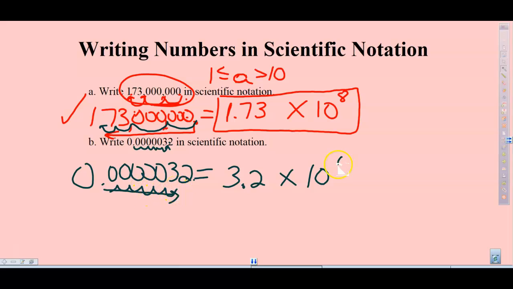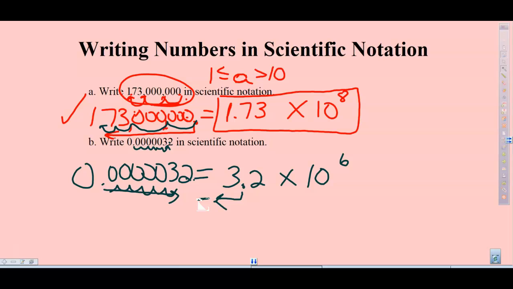So it's going to be a power of 6, but which direction did that decimal move, or which direction should our decimal move? We have 3.2, and we need to move that decimal to the left in order for it to become 32 ten-millionths, like it was before. When we go in that direction, we're actually decreasing this number by a power of 10. We're dividing that number by a power of 10.